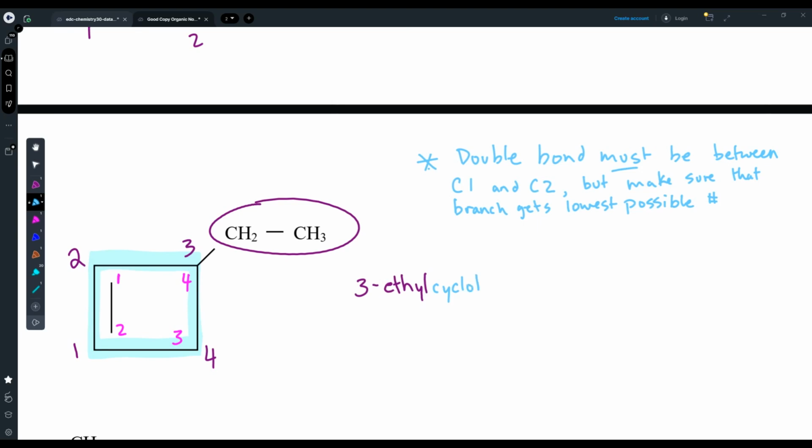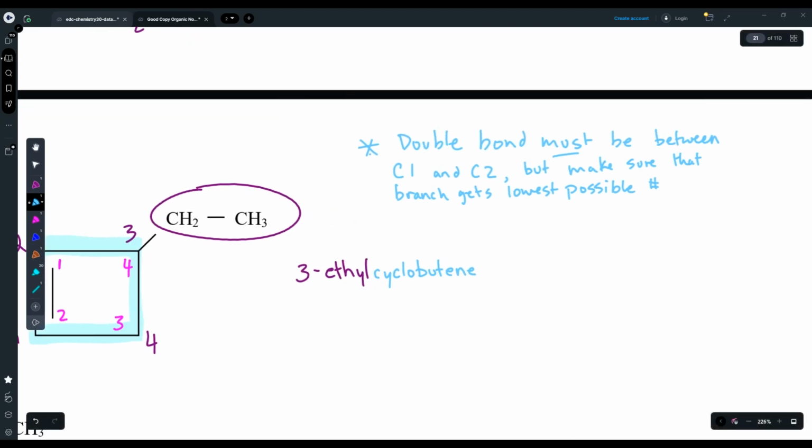There's 4 carbons, so but, and then because there's that double bond, ene. So we could do it like that, or 3-ethylcyclobut-1-ene. Either or.